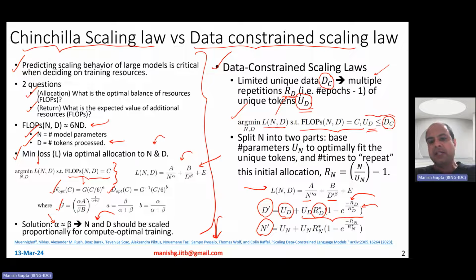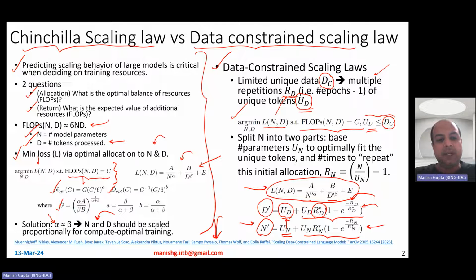And for mathematical niceness, they split N dash also into two parts: the base parameters UN, which are optimally required to fit this data UD, and then other parameters, which have marginally improving ROI on top of the original set of base parameters UN. Again, this split of the parameters is done for mathematical ease, so that they can solve and get a good solution to this kind of formulation.